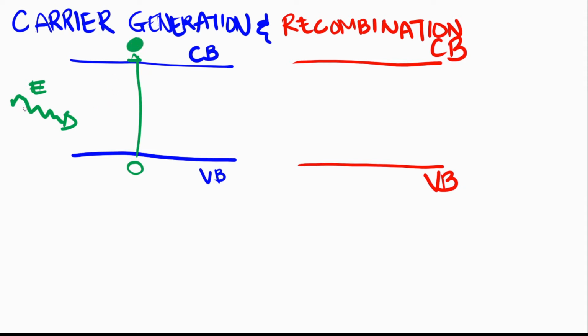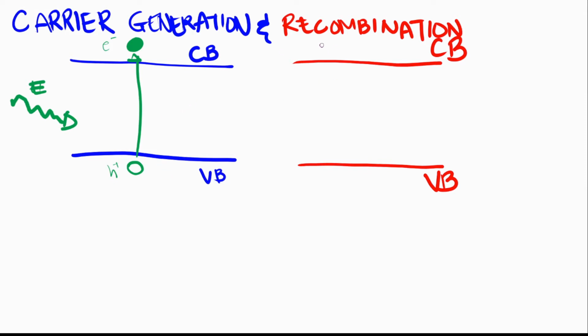So the semiconductor absorbs the energy, leading to the promotion of an electron from here to here. This generates an electron and a hole: electron in the conduction band, hole in the valence band. This is our electron hole pair, EHP. So here we have generated our charge carriers. We generated an electron, we generated a hole.